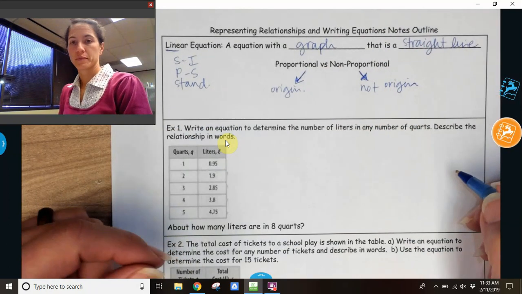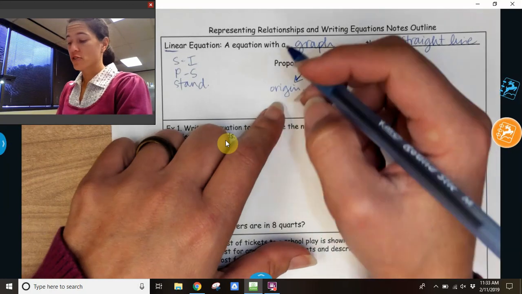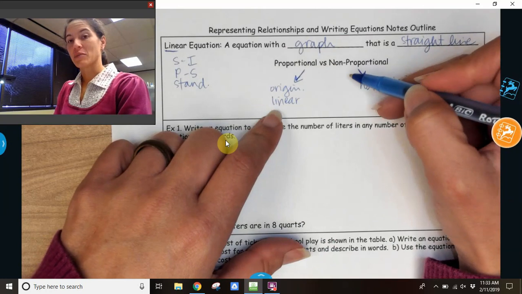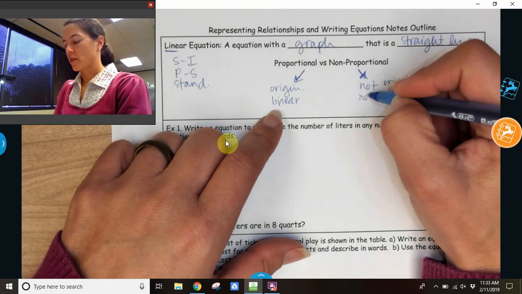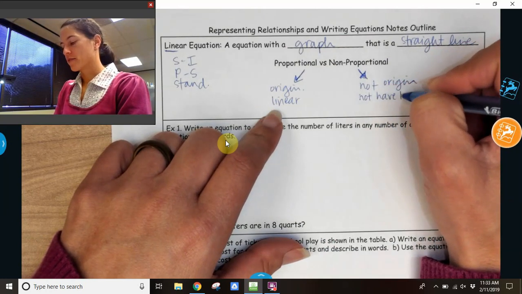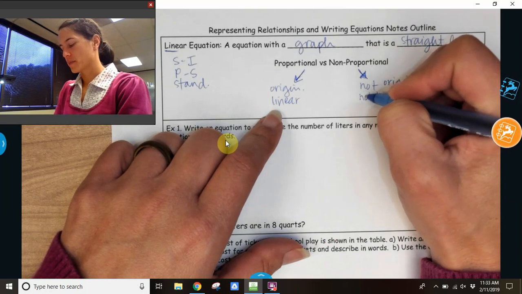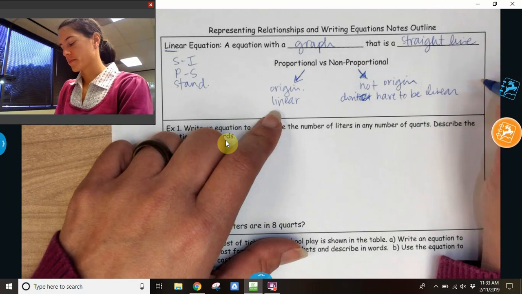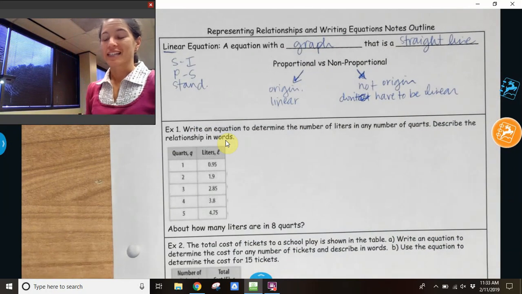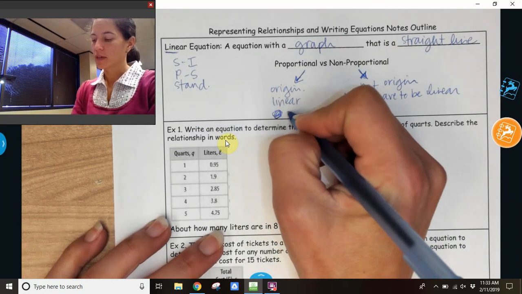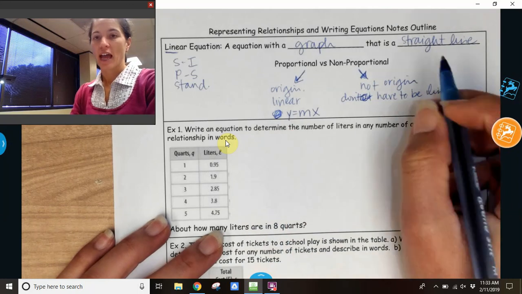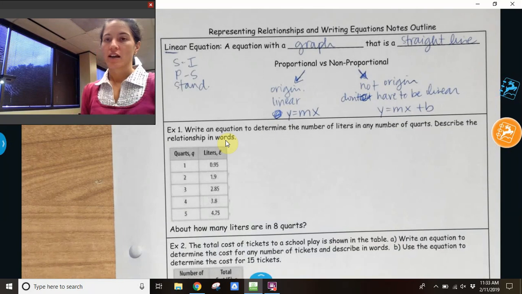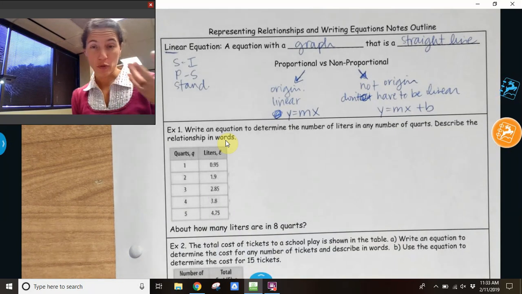A proportional relationship also is linear, and non-proportional doesn't have to be linear. An example of proportional would be y equals mx, and an example of non-proportional is y equals mx plus b. So those are just some things about proportional or non-proportional.